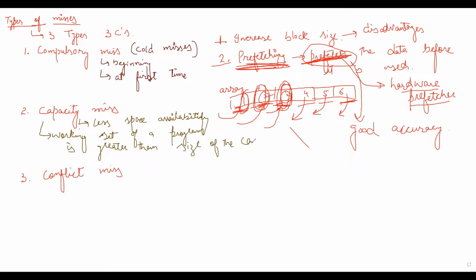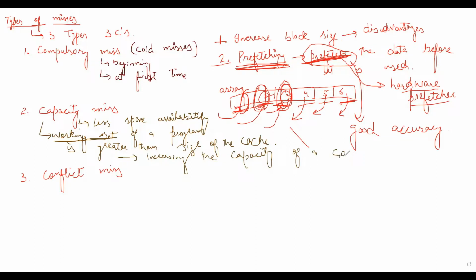What is the working set? The working set of a program means the set of blocks that a program is accessing in a given interval of time. So if it is accessing a large number of blocks and our cache does not have the capacity to hold them, there will be a large number of capacity misses. These types of misses can only be decreased by increasing the capacity of the cache.